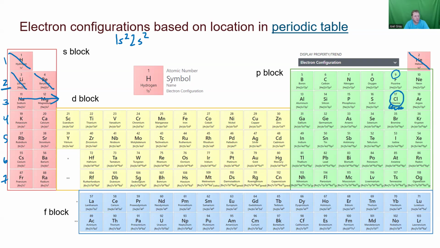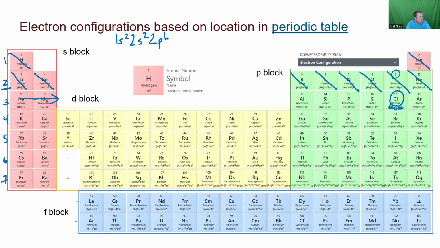After 1s2, 2s2, what's the next thing that I should write? I'm going to go with 2p. Layla, fantastic. 2p. And I've got a complete p subshell, so I'm writing 2p6. Great job, Layla.